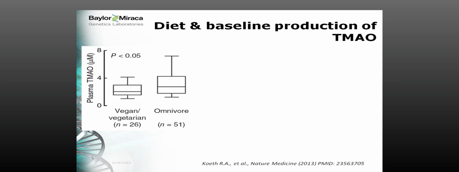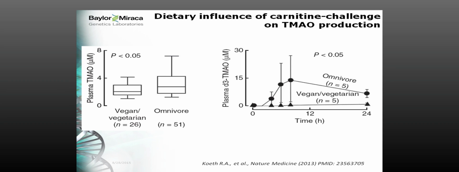And so you can see people that were eating meat had higher levels of TMAO. They then took the baseline levels, they then took these two groups, gave them deuterated carnitine and then looked at the production of TMAO, and you can see on the line at the bottom with the triangles that when you give someone who's a vegan or a vegetarian a high level of carnitine, they do not make much trimethylamine N-Oxide at all.